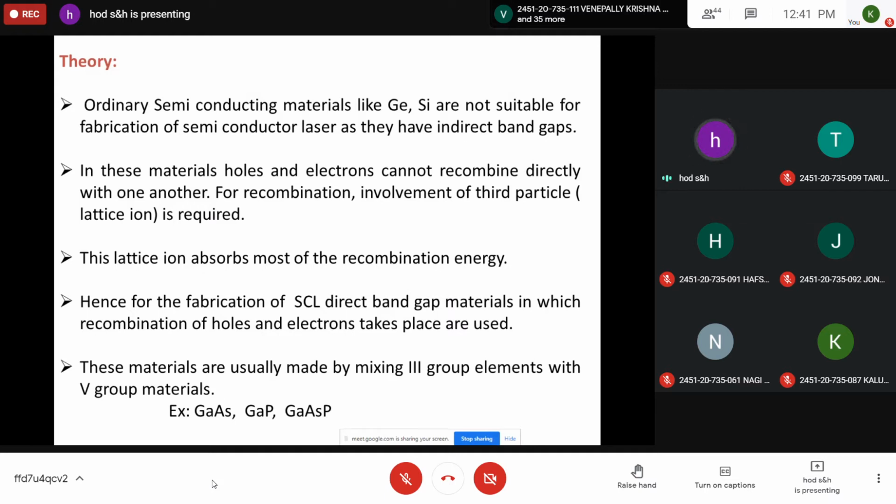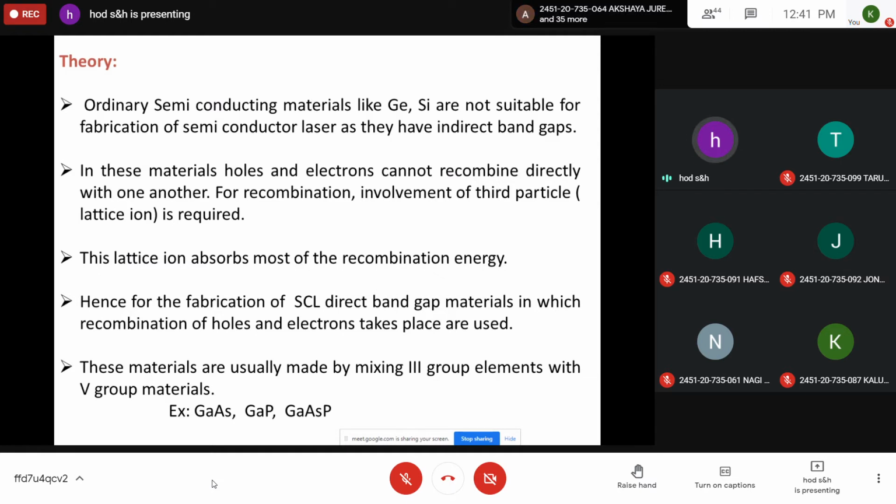Direct band gap materials are generally compositions of third and fifth group elements, and the examples are gallium arsenide, gallium phosphide, gallium arsenide phosphide. Only materials which have direct band gap can be used to fabricate semiconducting lasers.